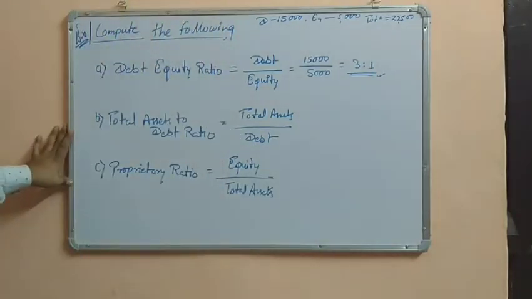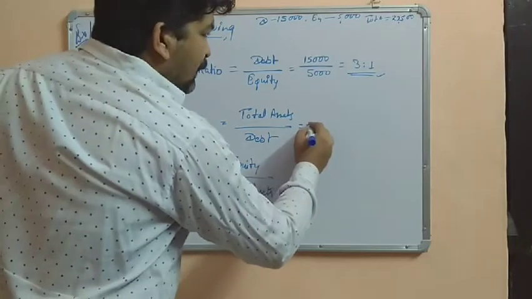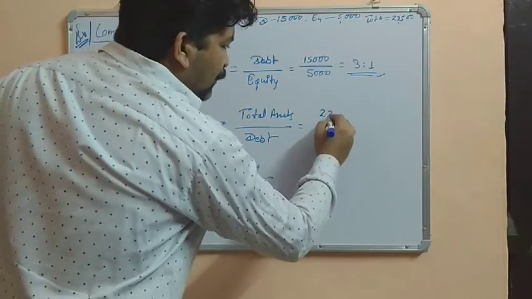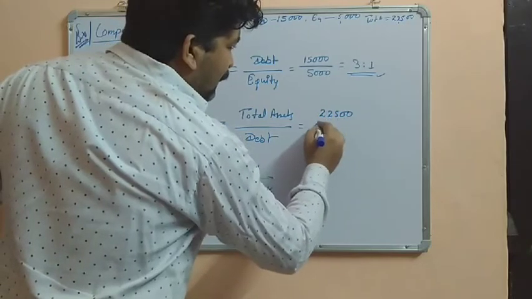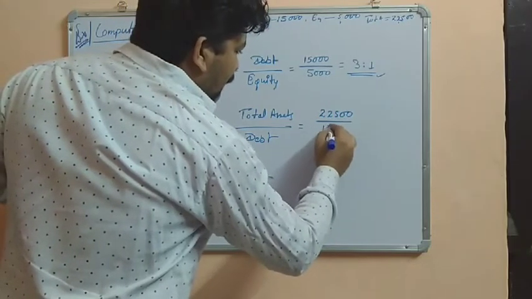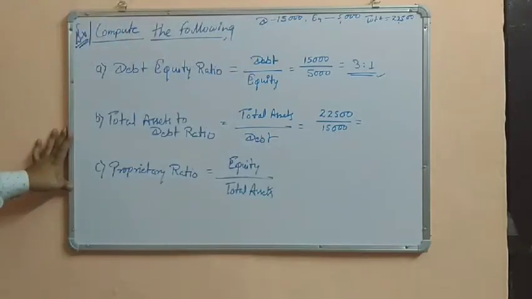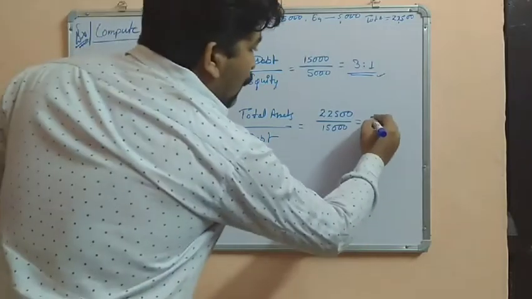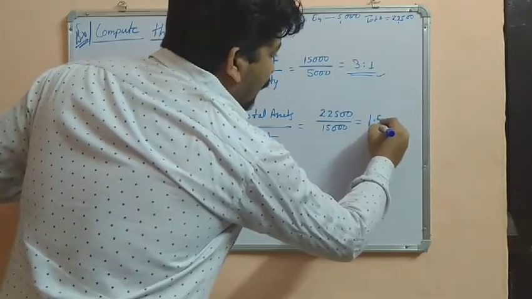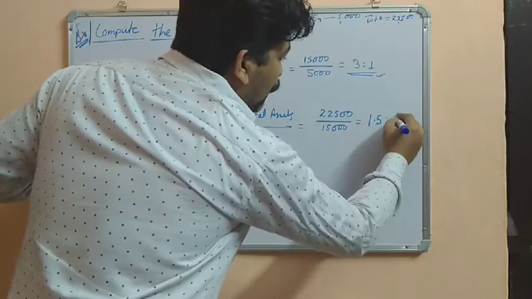Now the total assets to debt ratio. What is the value of total assets? We had already counted, it's 22,500 and the value of debt is 15,000. Count it. What will you get? You will get 1.5:1.